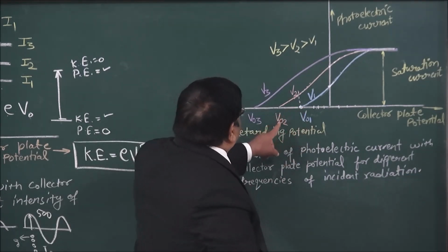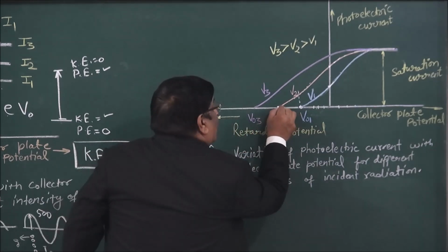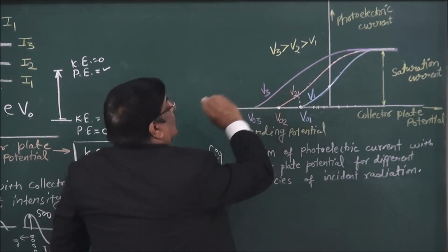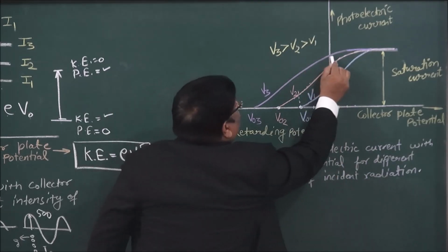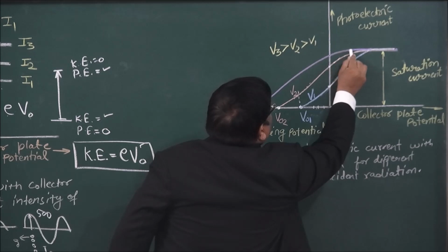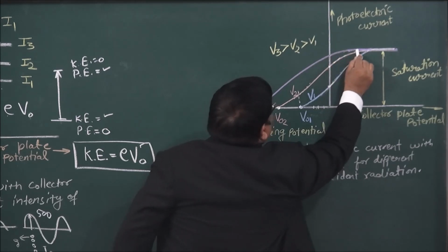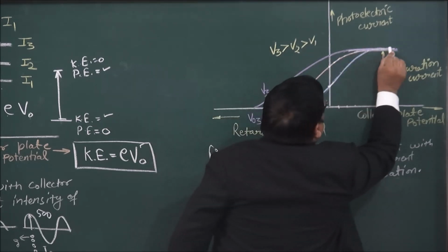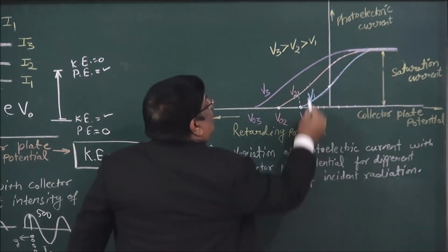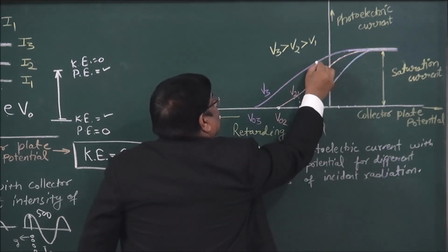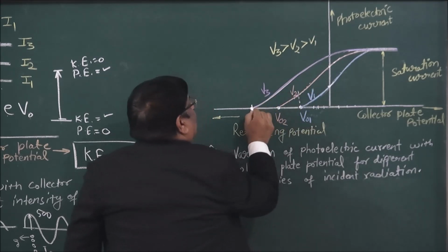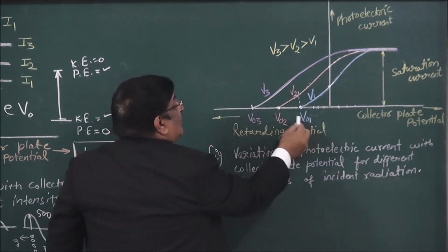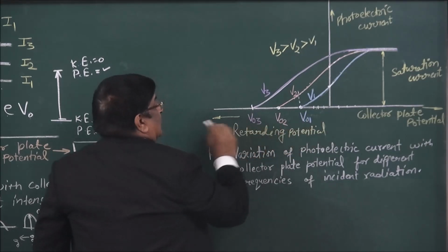I have to increase the voltage up to V2, and only then could I stop it, because the color is different. For the third color, when I increase the voltage, the current increases to the same value and becomes saturated. When I decrease the voltage, it decreases and finally becomes 0, but to make it 0, I have to increase the voltage beyond this.